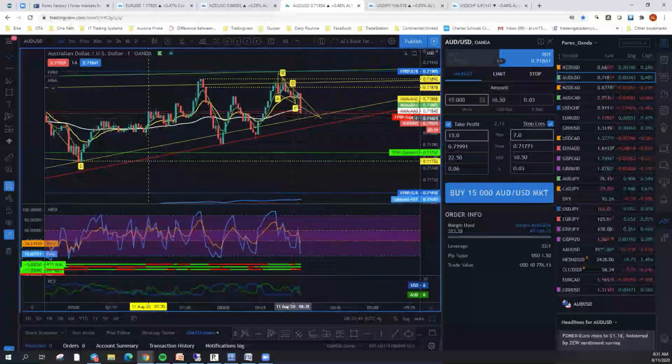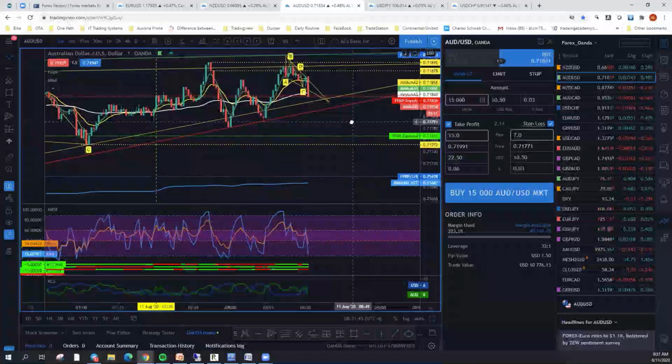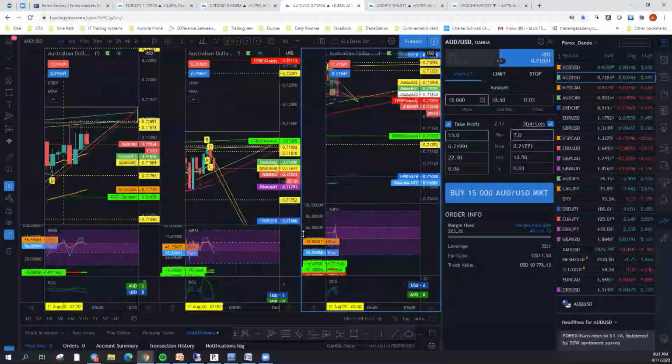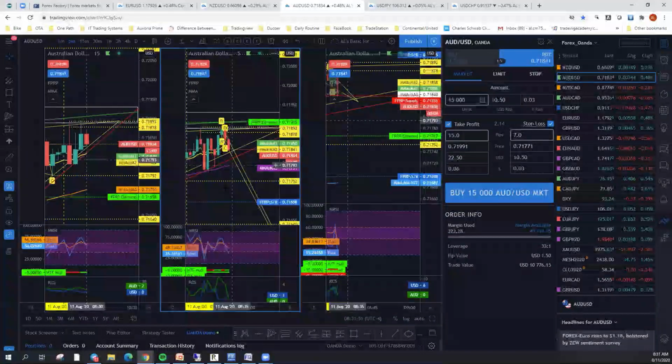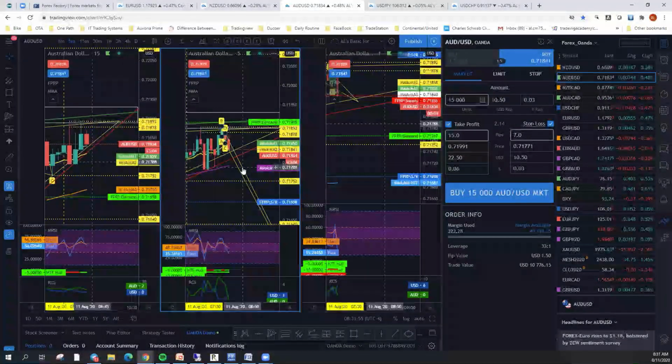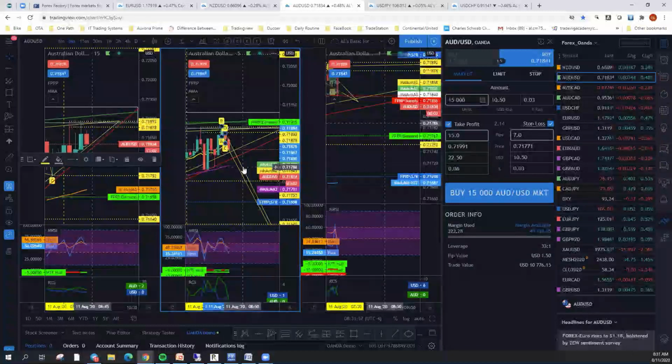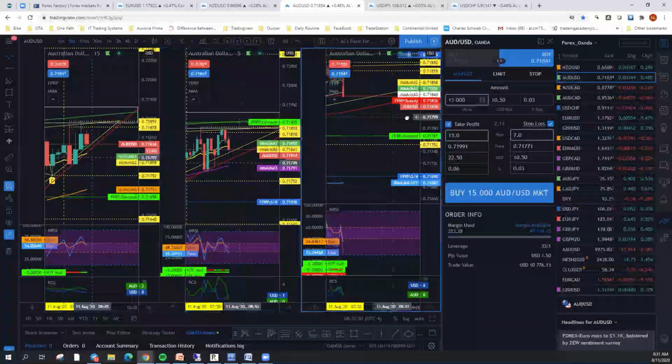Now it's retesting the lower wedge again. Let's see where we are on the other time frames. Again, we're still concerned about this 62 right here. I'm going to take this off because it's going to get too crowded.